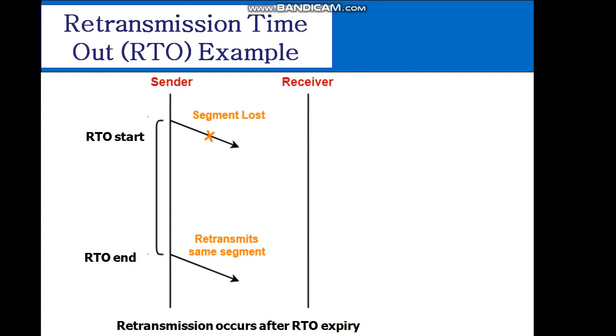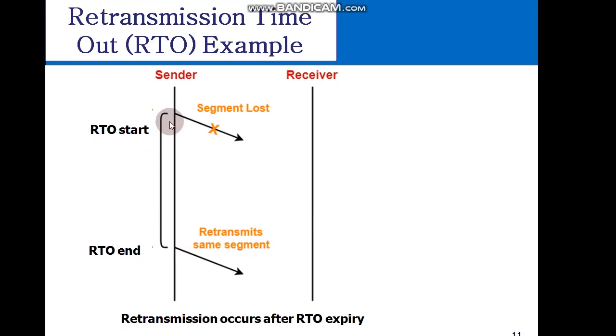Here is an example where the sender is trying to send data to the receiver, and somewhere on the way the segment is lost. The RTO is started immediately once the segment is sent. Then there is no acknowledgement, because the segment is not received by the receiver, so there is no acknowledgement to be sent by the receiver to the sender.